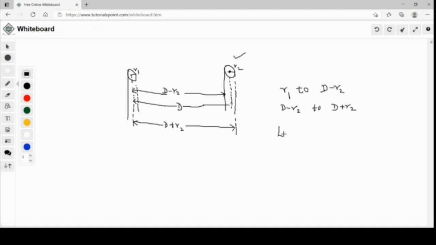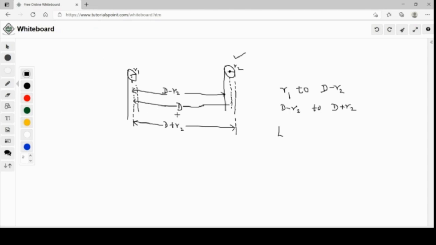Under this condition, it can be assumed that the flux from D minus R2 to the center of conductor 2 links current I1, and the flux from the center of conductor 2 to D plus R2 links zero current.